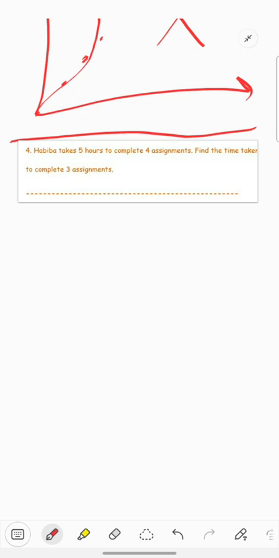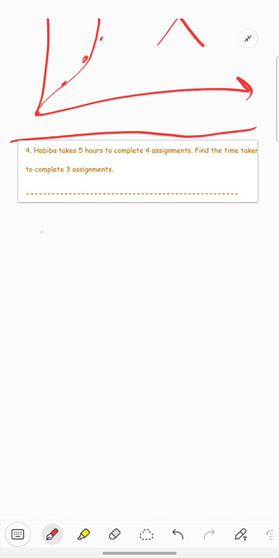Now let's solve a story problem. Habiba takes 5 hours to complete 4 assignments. Find the time taken to complete 3 assignments. First, the relation here is between two quantities. The first is the time, represented by hours, and the assignments.